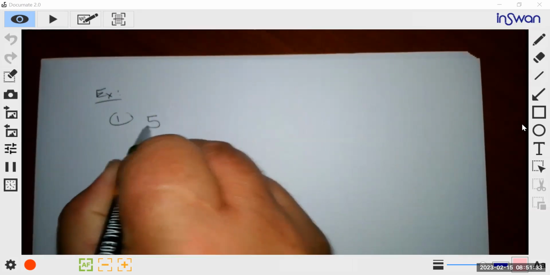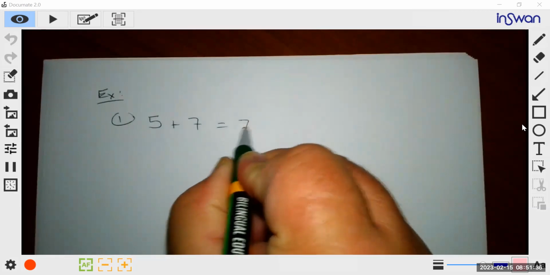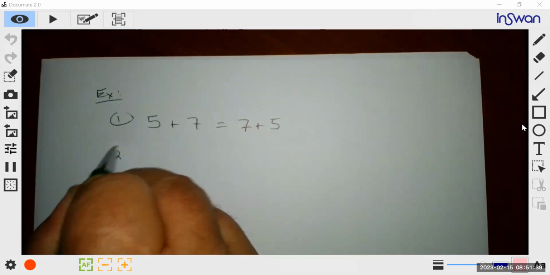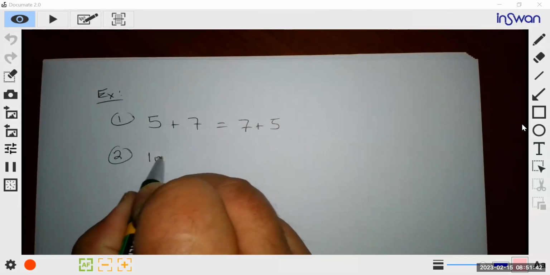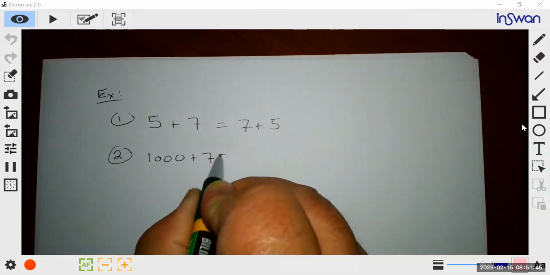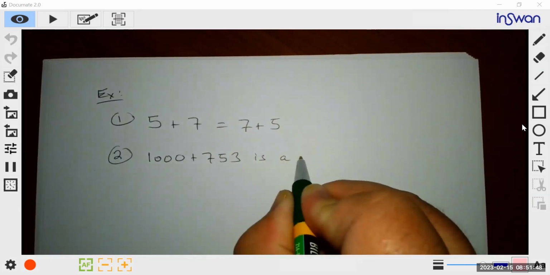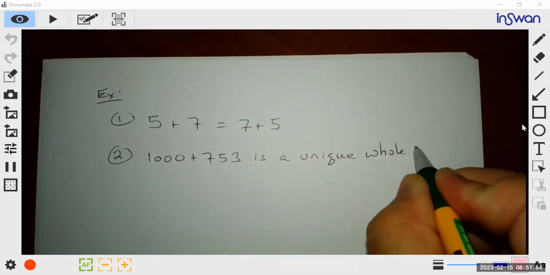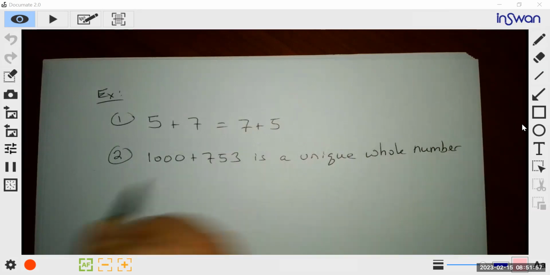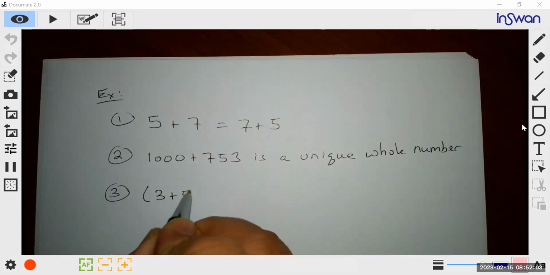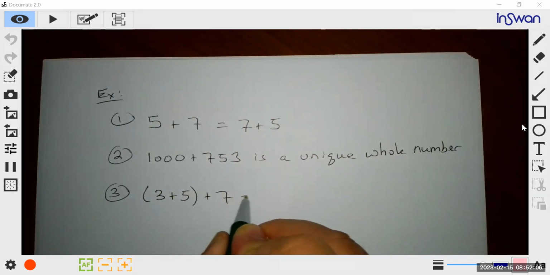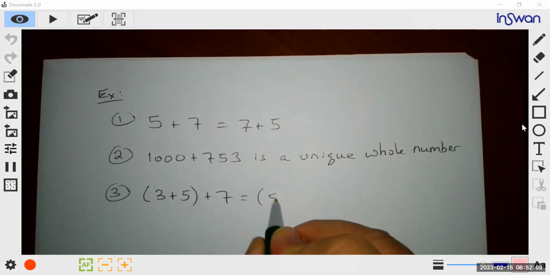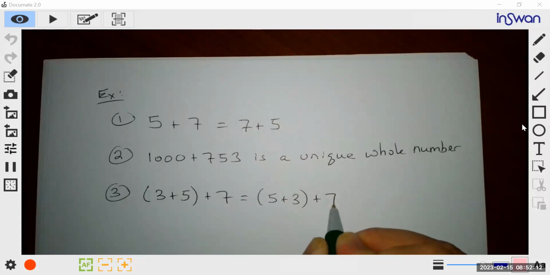You tell me which properties prove these, or which ones they represent. These are the 4.